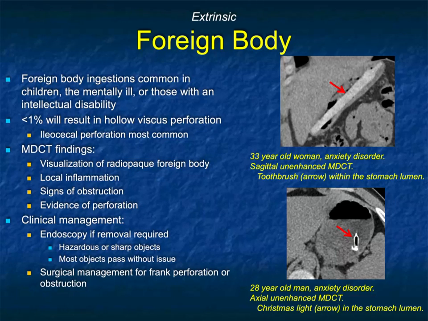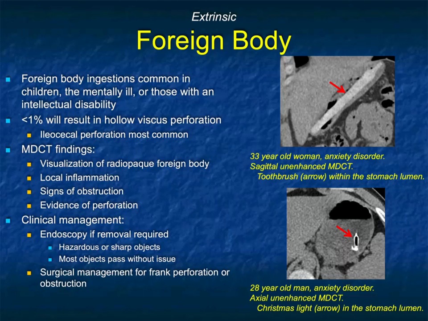Most of the time, the patients will have the foreign body pass. Other cases, you'll have to do endoscopy and remove it. Occasionally, you can have perforation from the stomach, though more commonly perforation is distally, particularly near the ileocecal valve region. So CT, we see the foreign body, we can make the diagnosis.